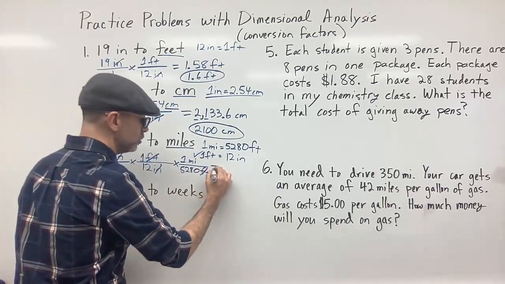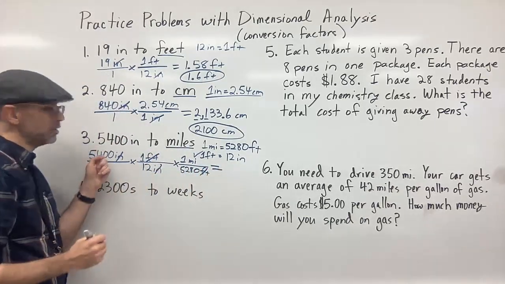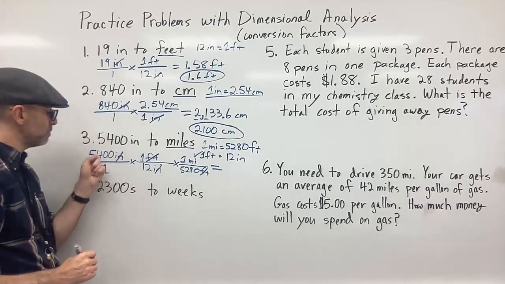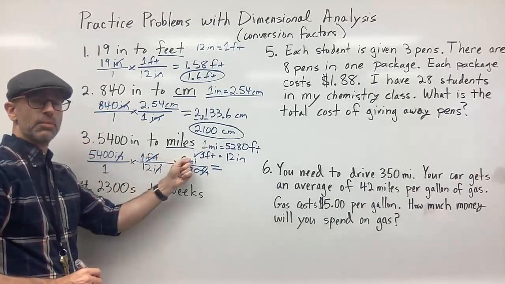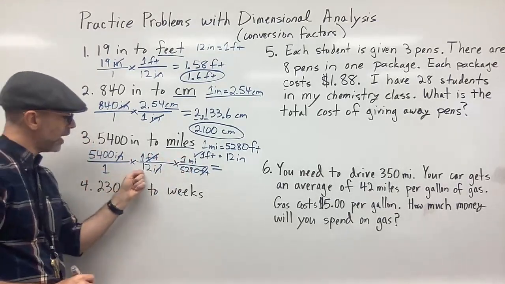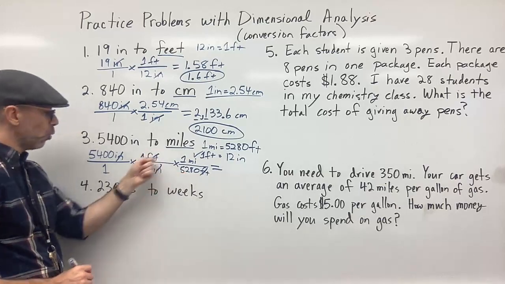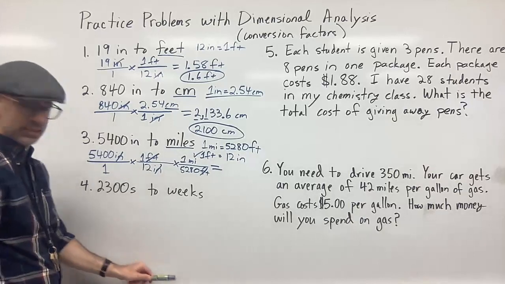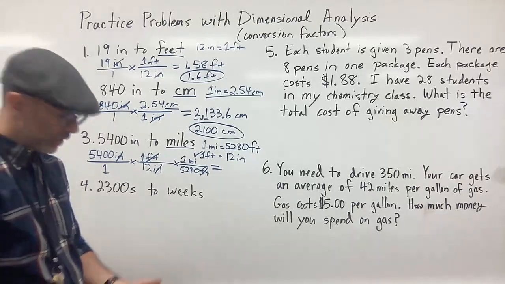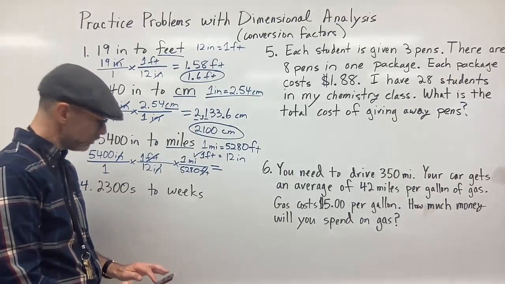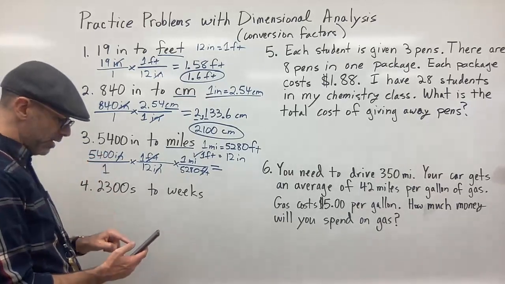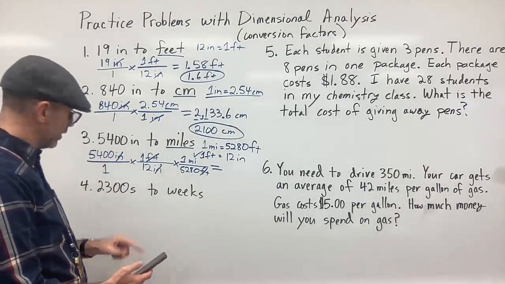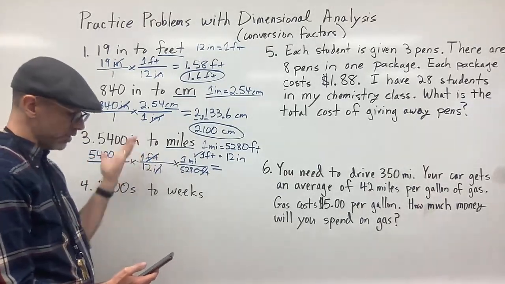So all I have to do is multiply by the numbers on top, and divide by the numbers on the bottom. Ones you can skip because they don't really affect anything. So let's take our calculator. I'm going to multiply 5,400 times 1 times 1, doesn't do anything.